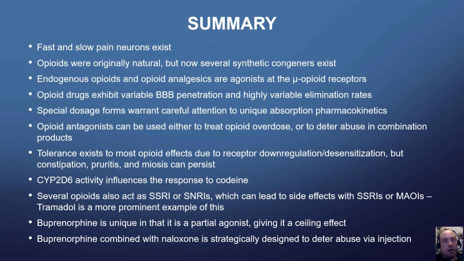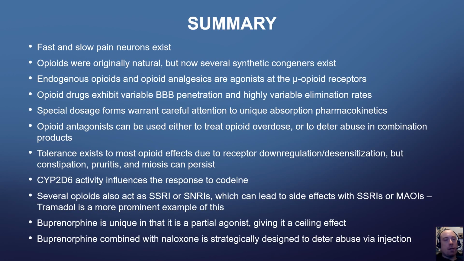Tolerance exists to most opioid effects due to receptor downregulation or desensitization, but constipation, pruritus, and miosis can persist. But I would say constipation is the most common one. Well, it's the guaranteed one to not really go away, whereas the other ones can potentially dissipate over time in some cases. CYP2D6 activity influences the response to codeine, and please add tramadol.